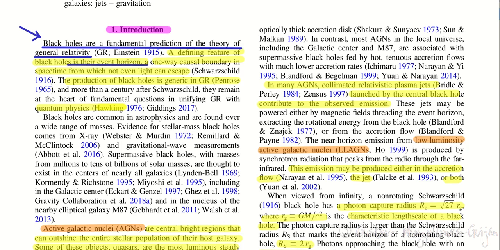Penrose in 1965 tells us that the production of black holes is generic in general relativity. Stephen Hawking in 1976 explained that the heart of the fundamental question of unifying general relativity with quantum physics lies in the study of black holes.